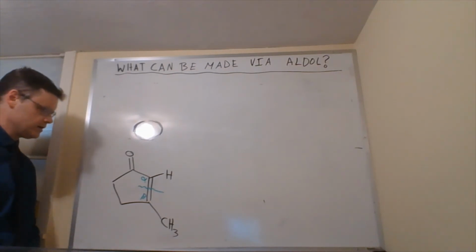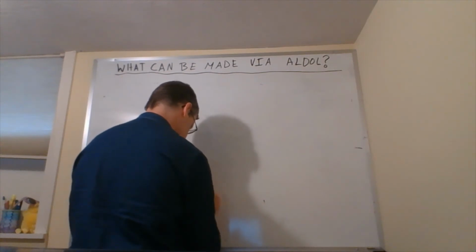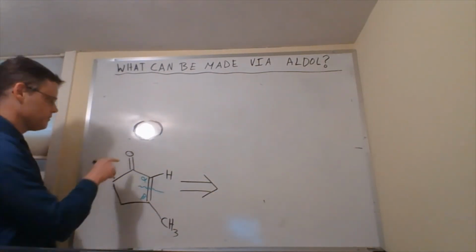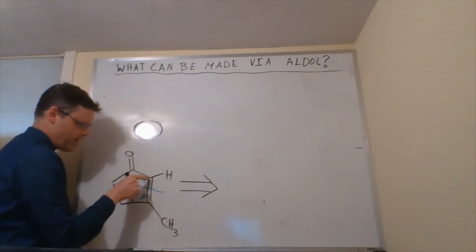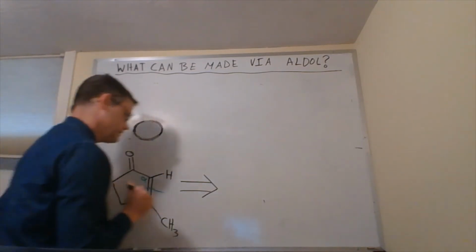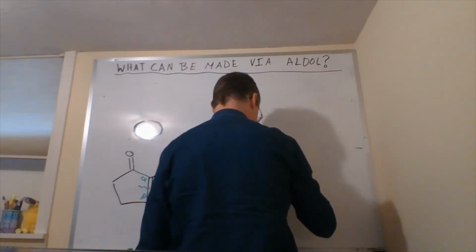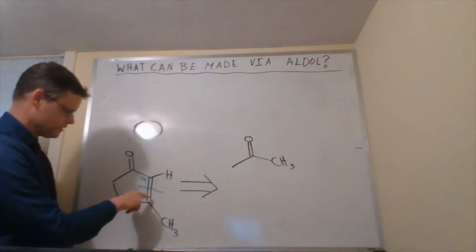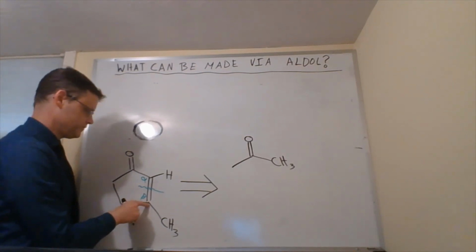We're going to cut that in half. We're going to draw our retrosynthesis arrow here. All right. And remember that the half of this that has the carbonyl is going to be the half that was used to make the enolate. Okay. All right, and then the other half is going to be the one that was the electrophilic part of the molecule.